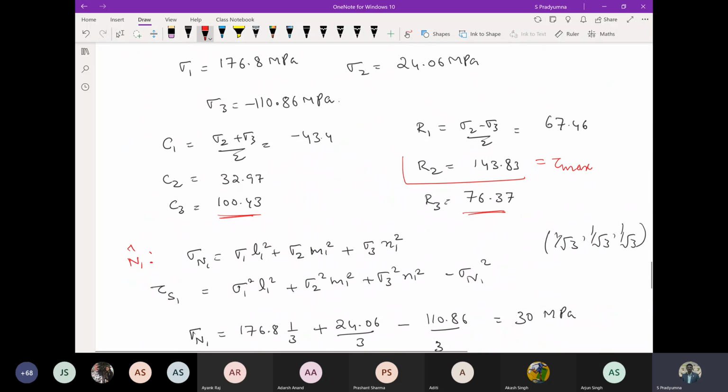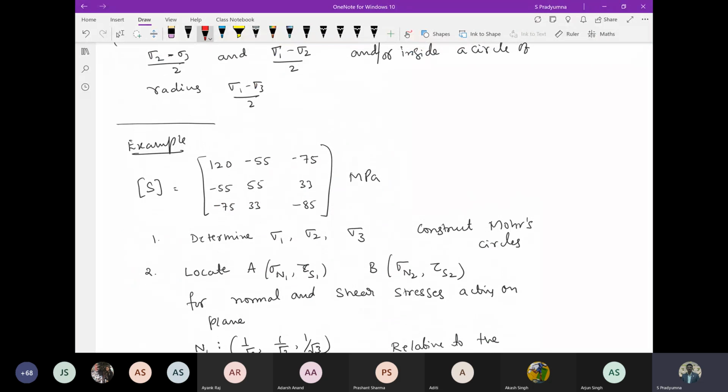Now I can say that this state of stress is also equivalent to another state of stress that is represented by the principal stresses, that is 176.8, 24.06 and minus 110.86. Rest all the shear stress components are 0. So they are equivalent because we are dealing only with a particular point.